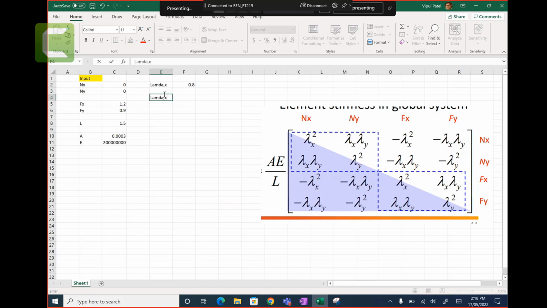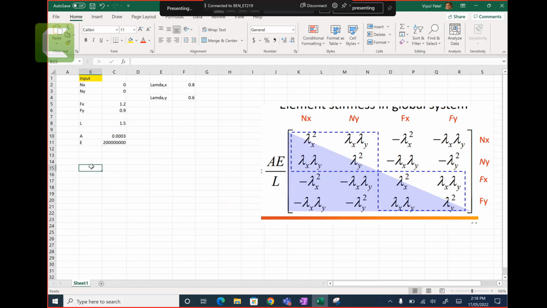Lambda y, you get fy, take away ny divided by length. Enter. So far so good.